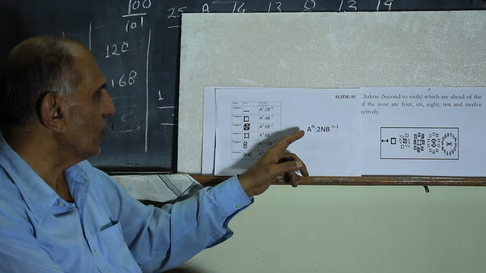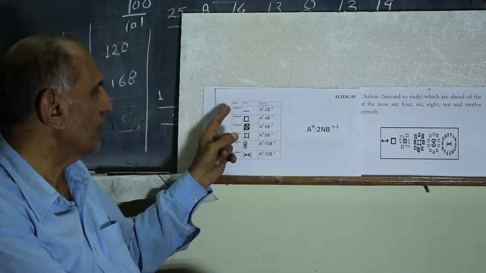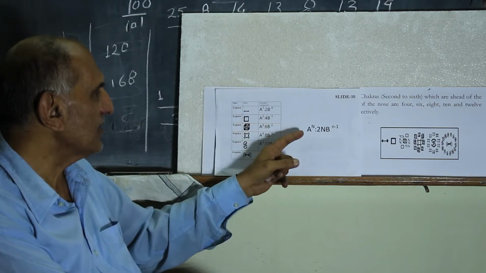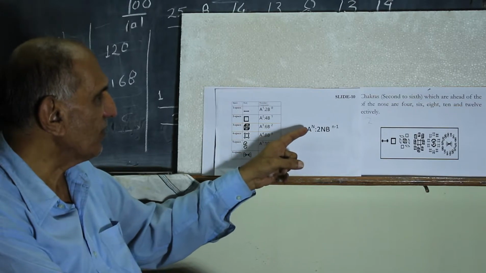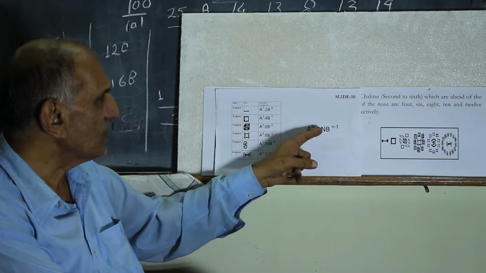The n is equal to 1 takes us to hypercube 1, giving us a domain boundary ratio a raised to power 1 is to 2, b raised to power 0.